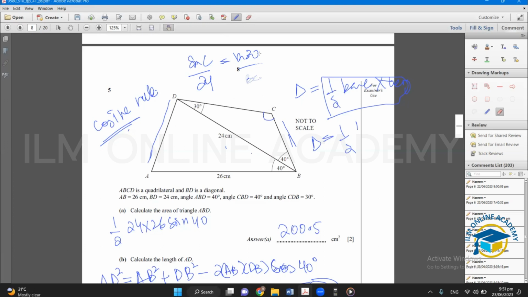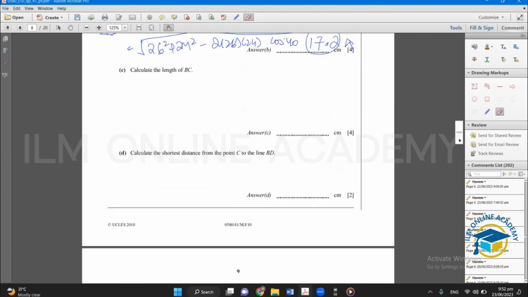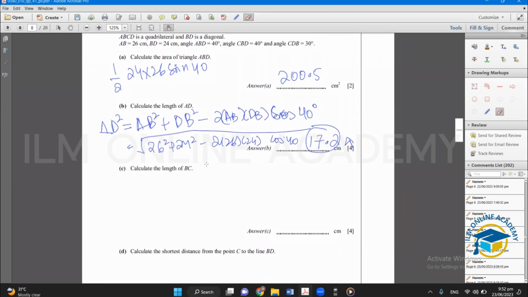Let's just find it out. You already know the property that the sum of all the angles of the triangle is 180, and the two angles have been given. For part C, it's also 4 marks.